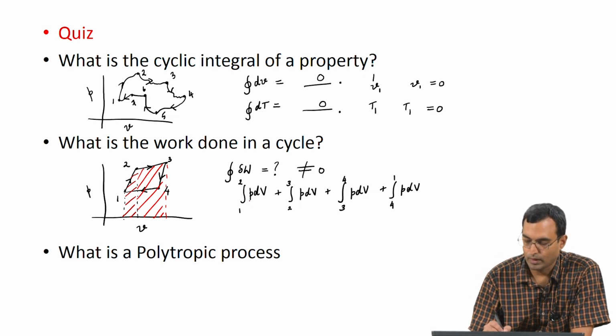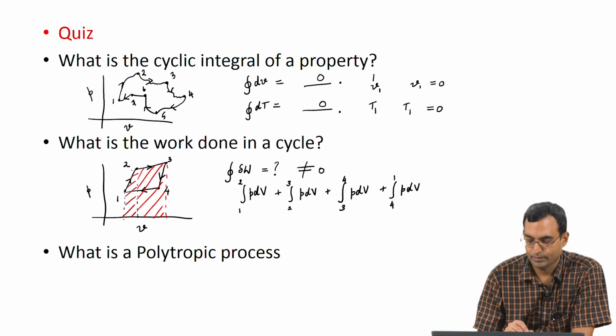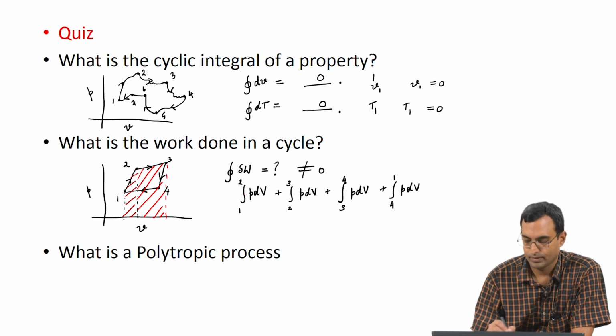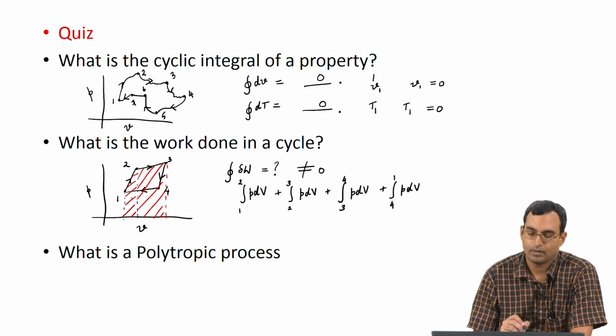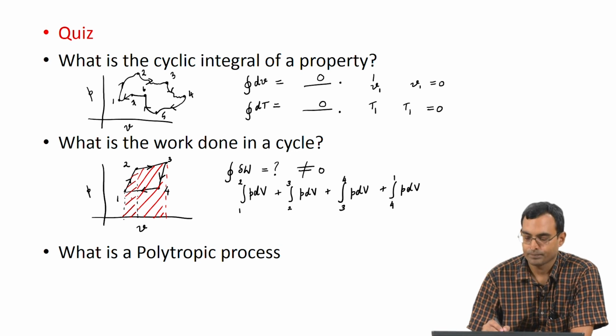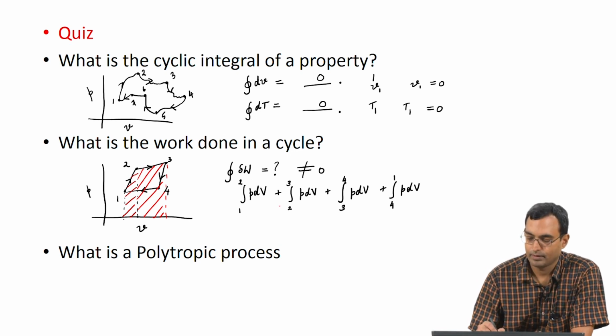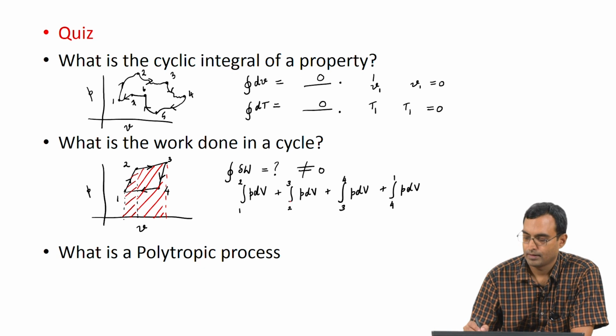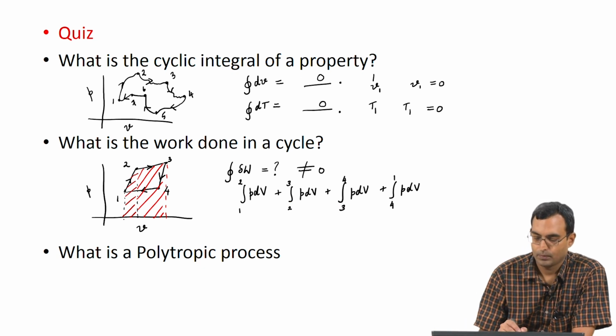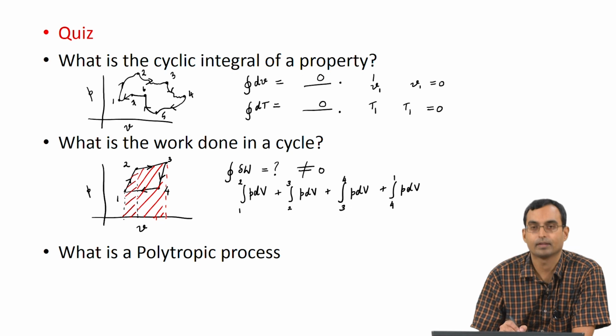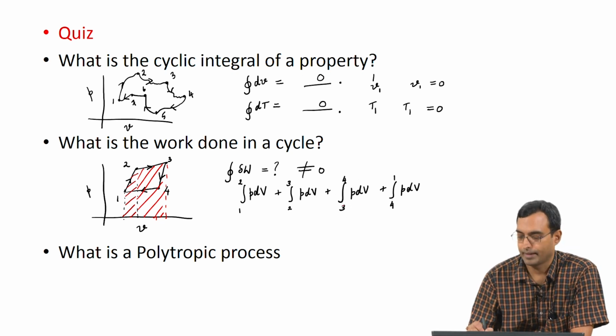From 1 to 2 the volume is increasing, and from 2 to 3 the volume is increasing. The pressure is always positive, since we are dealing with absolute pressures. So, this quantity is positive, and this quantity is also positive. From 3 to 4 we see that the volume is actually reducing, because the volume at 4 is the volume at this point, which is less than the volume at 3, which is the volume at this point. So, this quantity is going to be negative.